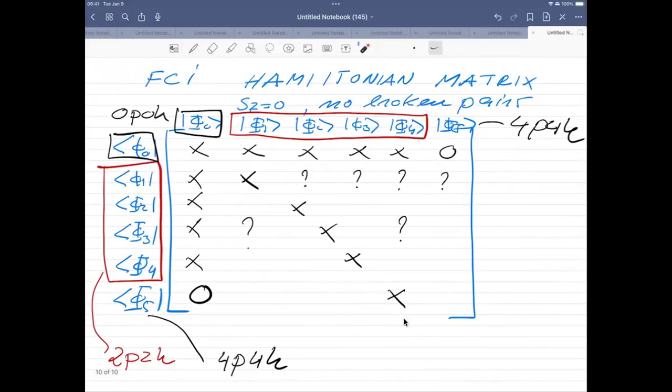So if you go back to this image here and we take away one of these, you will then see that the phi 4 and phi 1 matrix element is going to be exactly equal to 0. So I actually want you to go through these different cases and then build up the full Hamiltonian matrix.